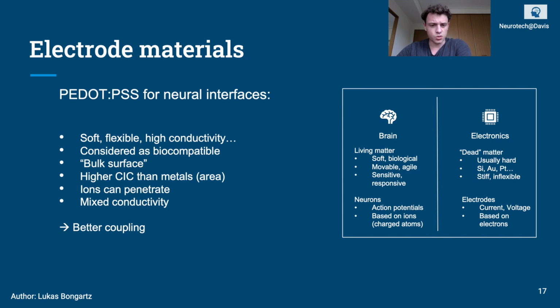And in addition to this, this bulk surface allows ions from the electrolyte, like sodium, potassium, and so on, to penetrate into the material. And PEDOT:PSS has therefore something like a mixed conductivity of both electrons and ions. And this again results in a better coupling. So yeah, better coupling to address the obstacle of ionic and electronic mismatch.